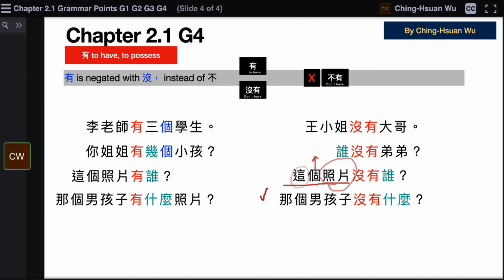Next, 那个男孩子没有什么. That boy does not have what? It means what does that boy not have? 那个男孩子 again, you need a measure word to connect your demonstrative pronoun and your noun. 没有 doesn't have 什么 what?